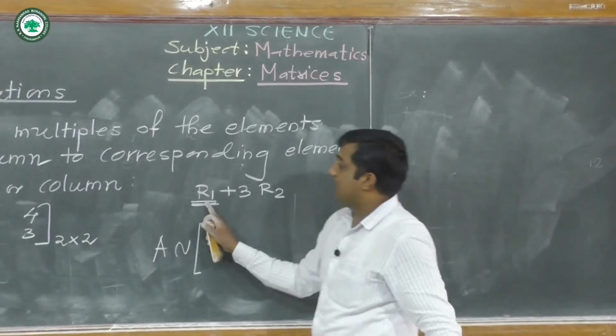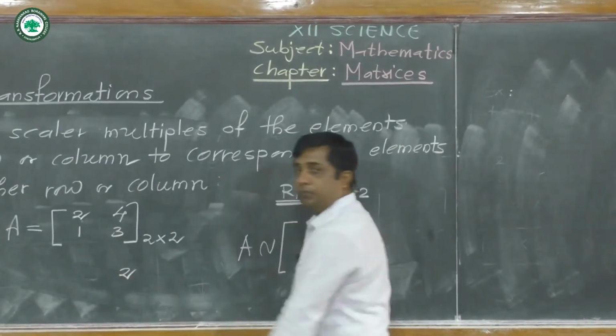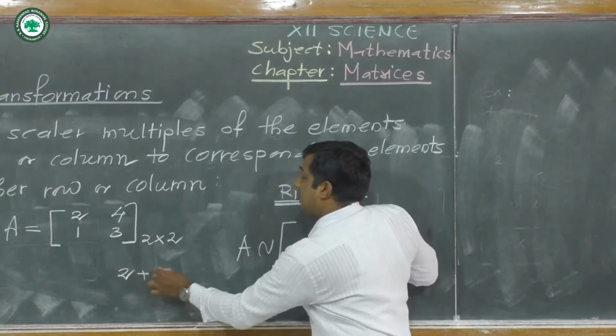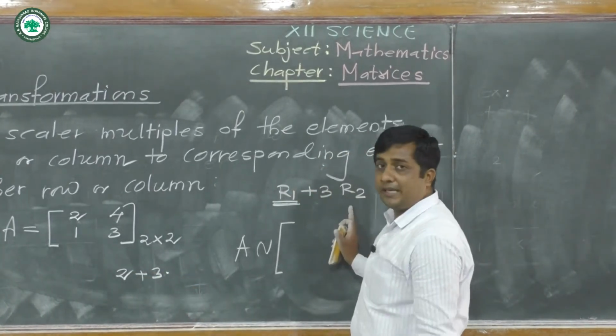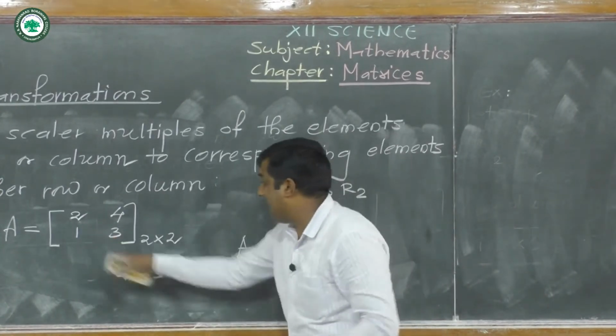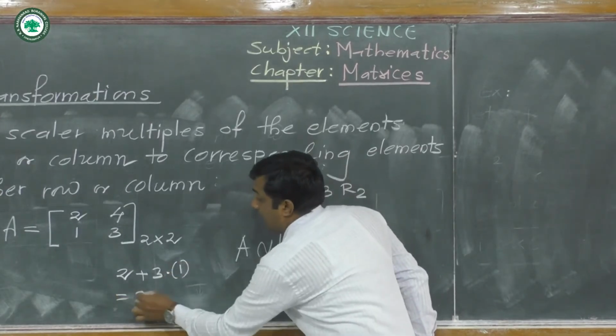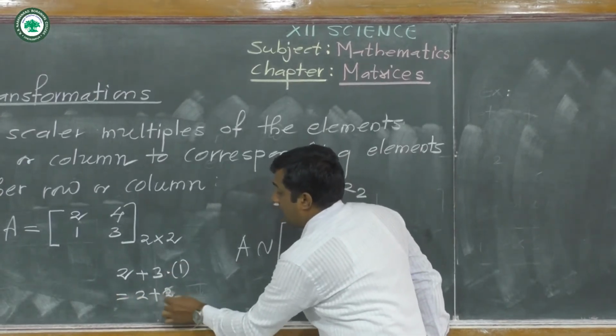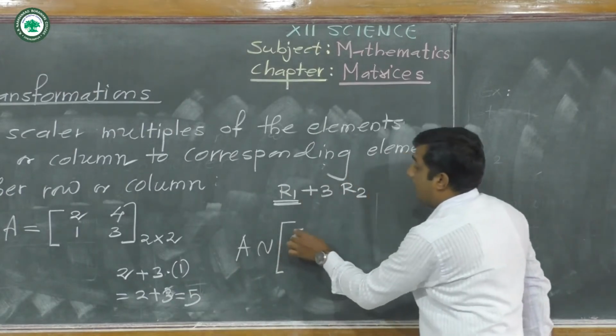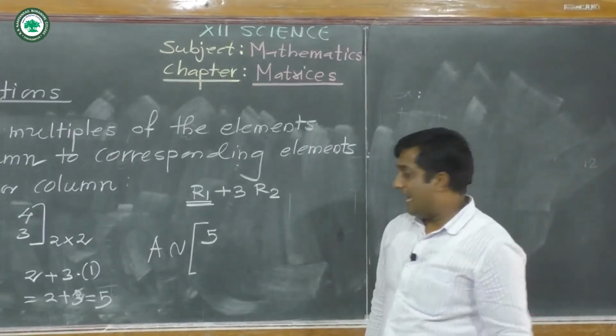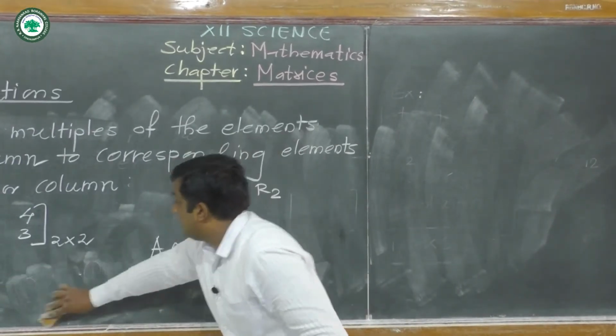Here in the first row we have the element 2, plus 3 times the element of the second row. The first element of the second row is 1, and we get 2 plus 3, and we know 2 plus 3 is 5, so here we have 5. Next, again we consider elements.